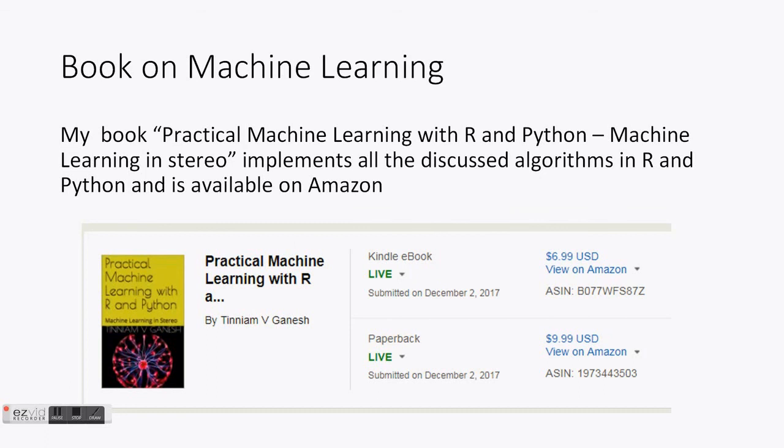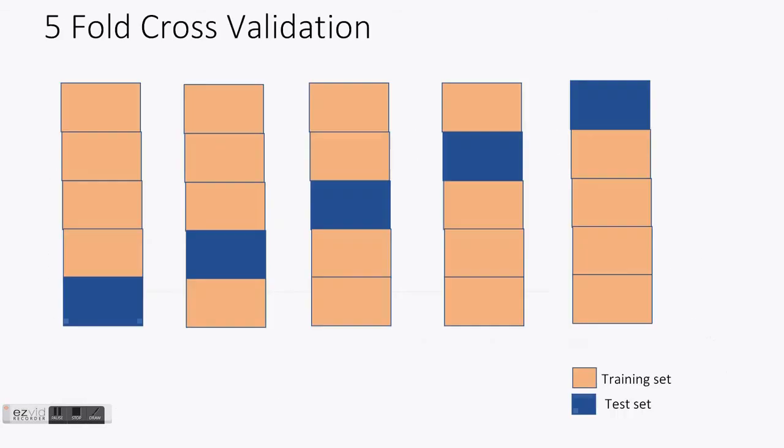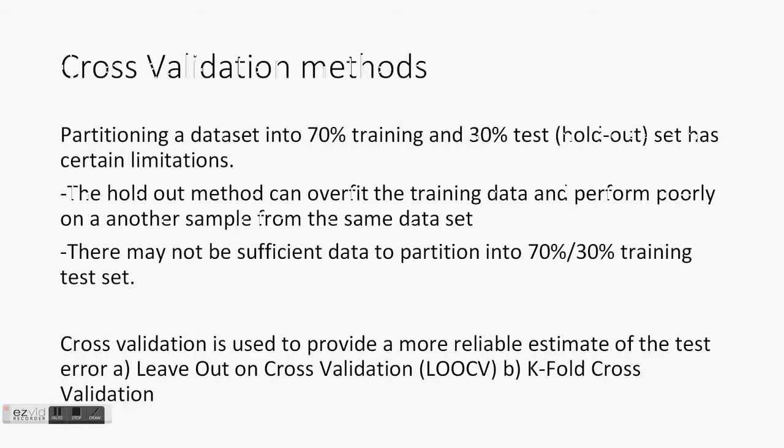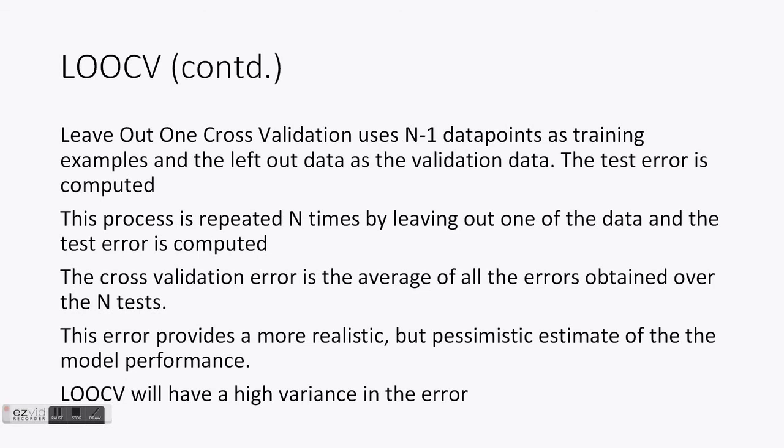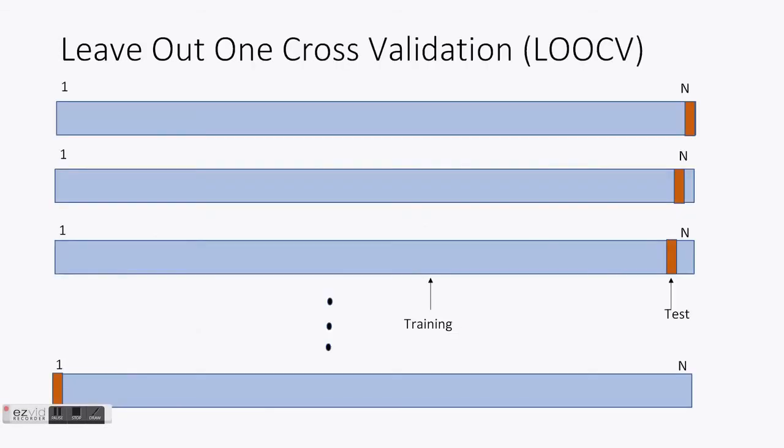Then we saw cross-validation techniques, which are typically used when there is not sufficient data and we can't do the hold-out approach of 70-30. There are two methods: leave-one-out cross-validation, where we train on n-1 data points and test on the nth data point.